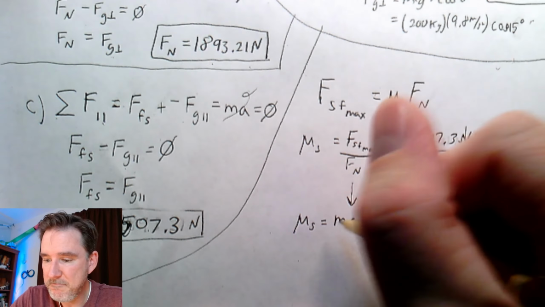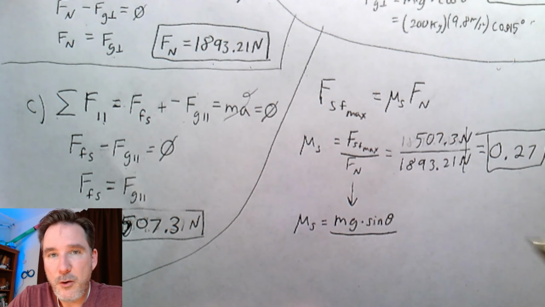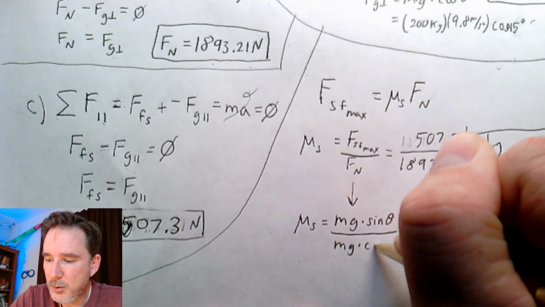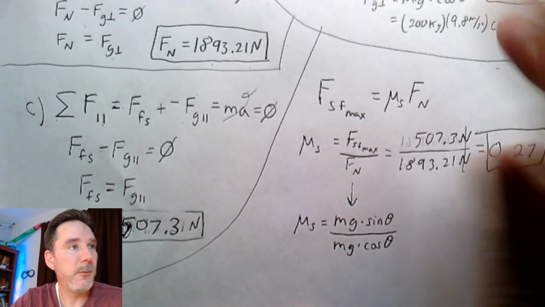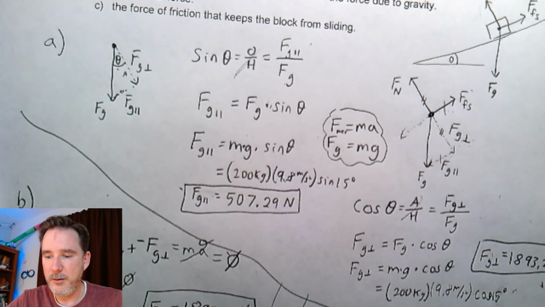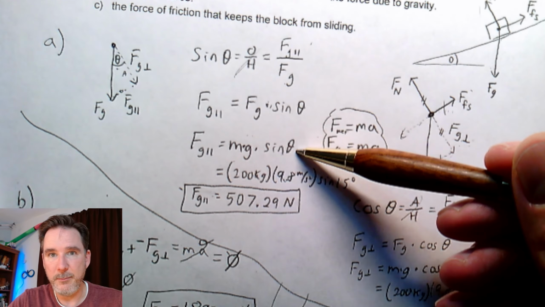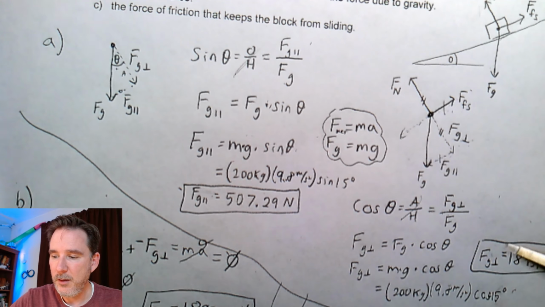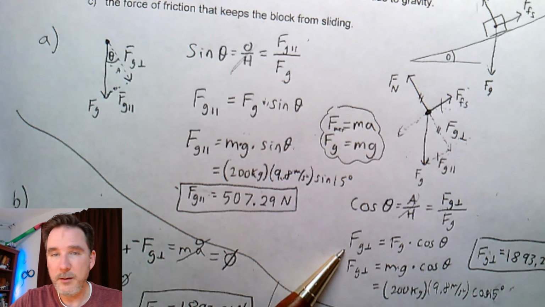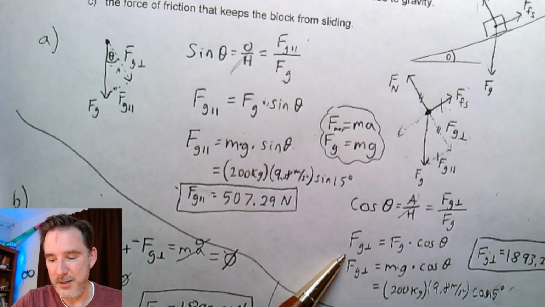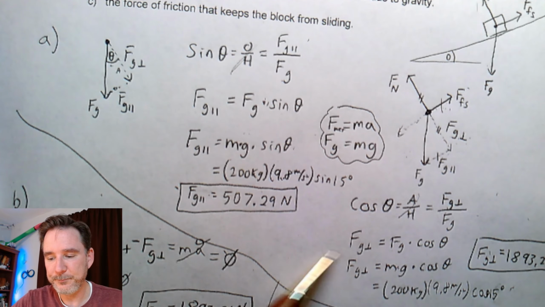No numbers yet. The normal force was calculated by mg times the cosine of theta. If you don't remember, here they are right here. This is how we calculated the parallel, which ended up being the static friction. And over here is how we calculated the perpendicular force, which ended up being the normal force.